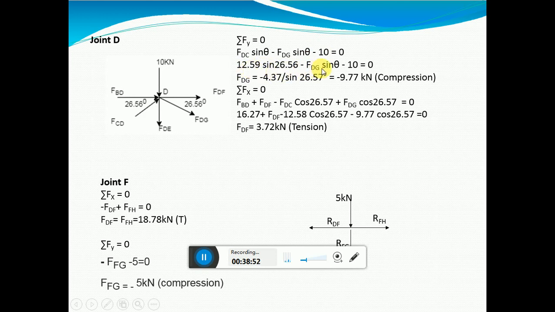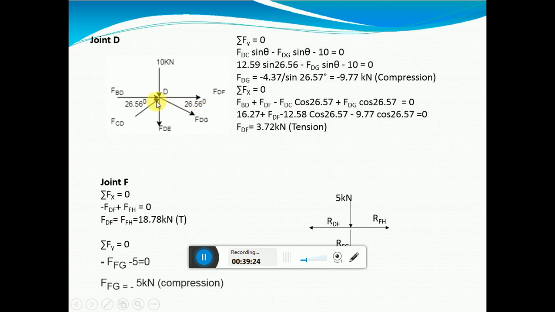Substitute the known values and find out FDG, but you got a negative answer, that means it is in compression. We had taken DG as moving outside, that is in tension, but we found that it is in compression. For this particular joint, still consider it as minus 9.77 and solve the problem, whereas when you go to the next joint, if need be, change the direction.